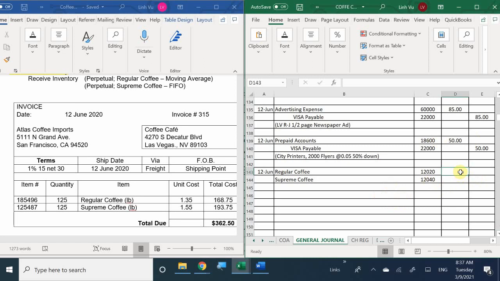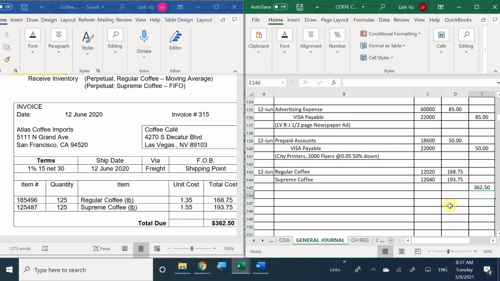Looks like the regular was 168.75, and the supreme was 193.75, giving me a grand total of 362.50.